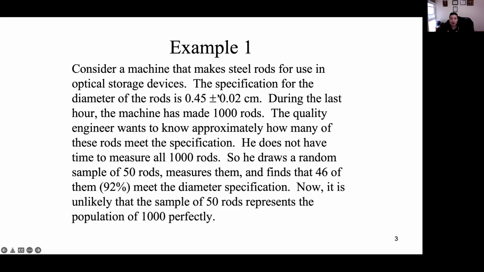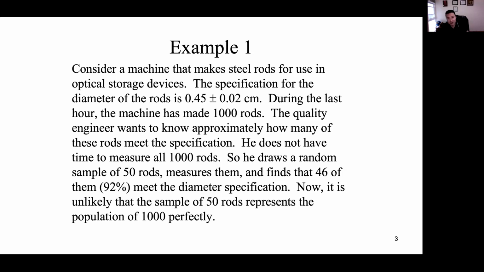Within this range, the steel rod diameter meets the specs. Outside, it does not meet specs. Let's say we have 1,000 rods made by the machine, and the engineer wants to know how many of these 1,000 rods meet the specs.